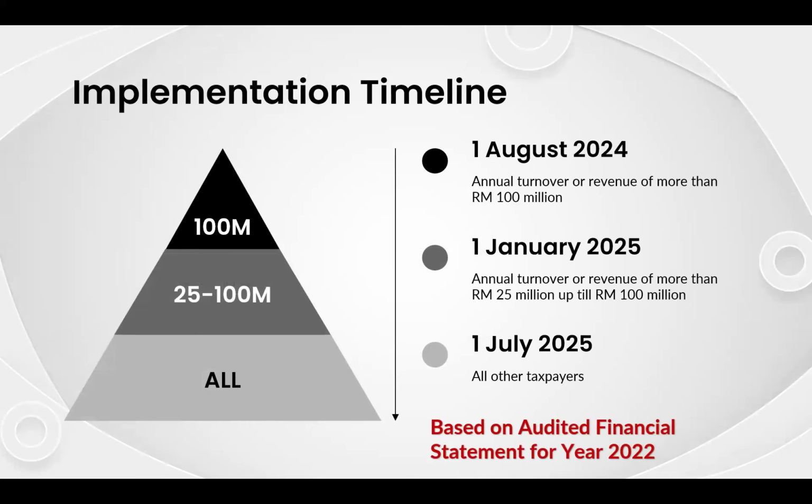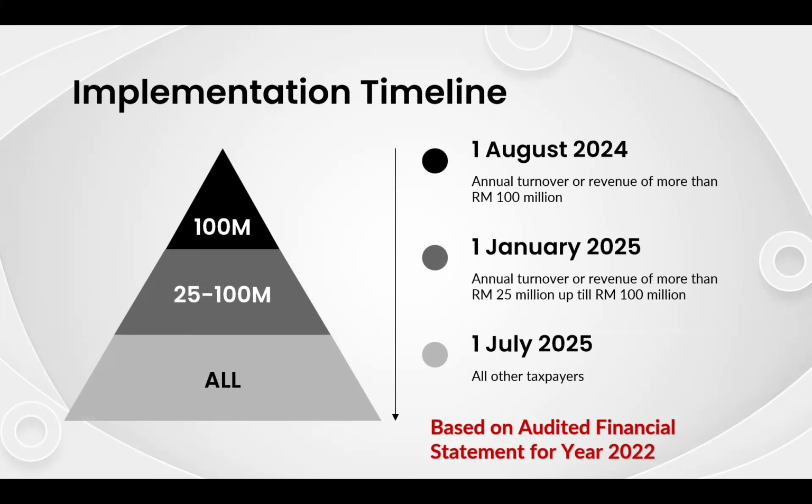Now we need to know that e-invoice is actually not a one-shot implementation, not like GST back in 2014 or 15, which everyone started on the same day. The e-invoice implementation timeline has three stages. The first phase is on 1st of August 2024.